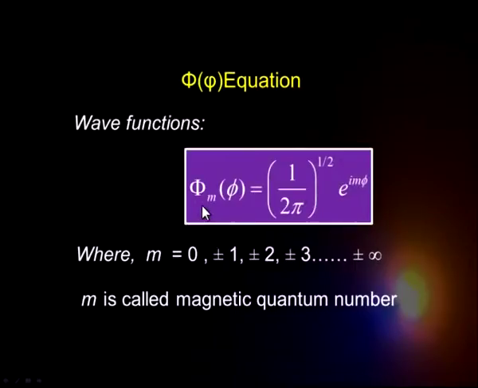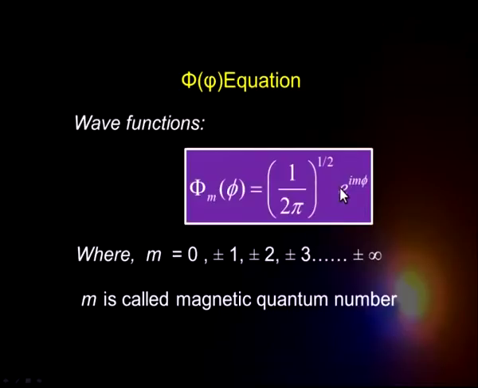Similarly, when I solve the differential equations, the r equation, theta equation, and phi equation, I get solutions to them as the wave functions. So when I solve the phi equation, I get a series of wave functions which I call phi m. All these wave functions depend on the variable phi, and they have an expression of this kind: 1 by square root of 2 pi, e raised to i m phi.